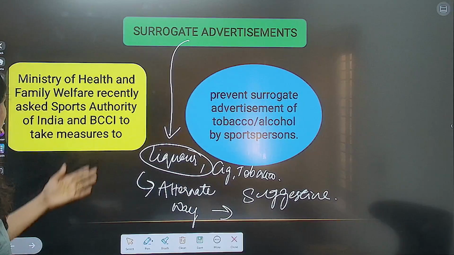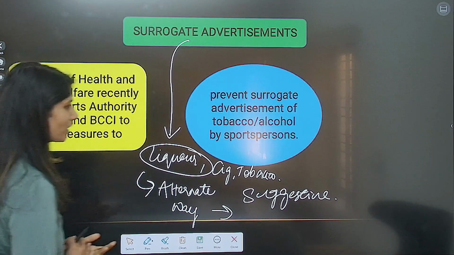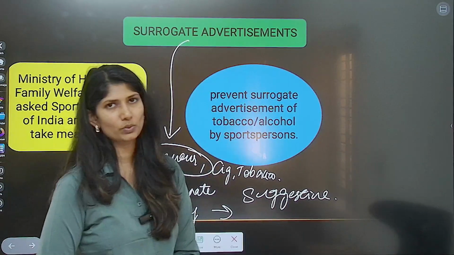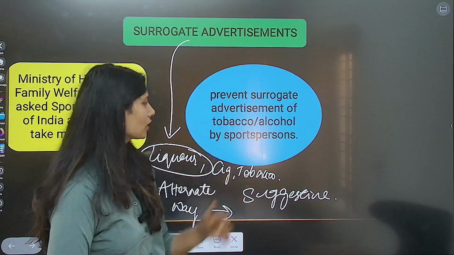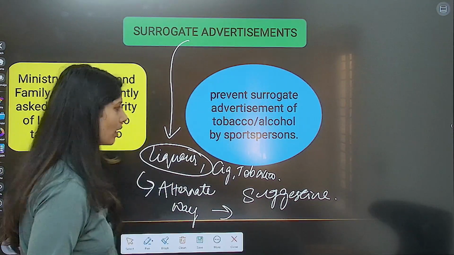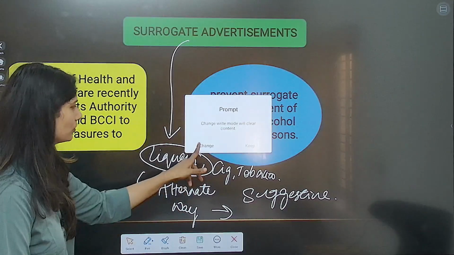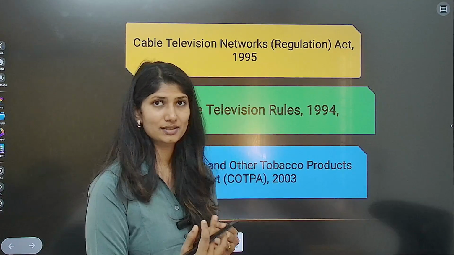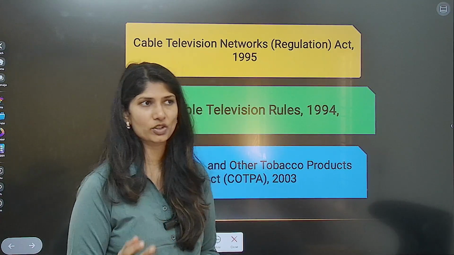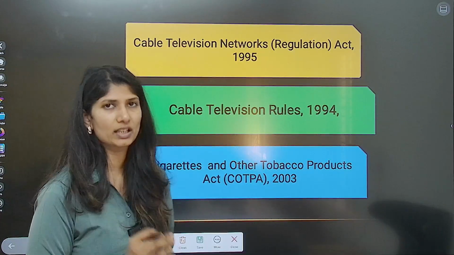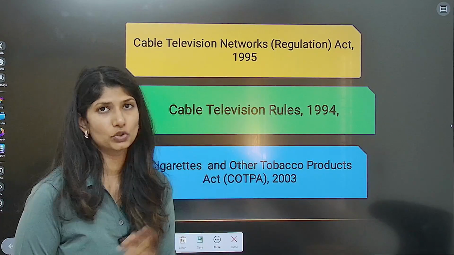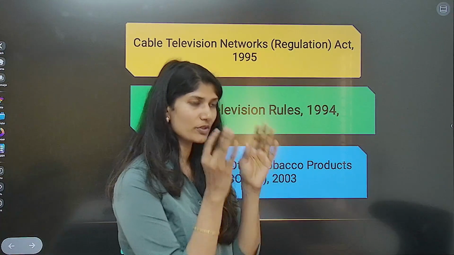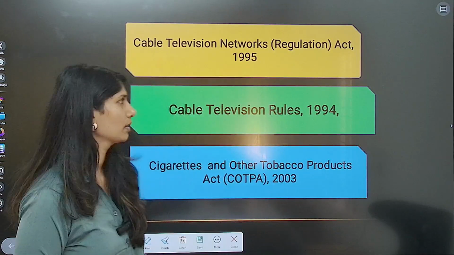Recently, our Ministry of Health and Family Welfare has asked the Sports Authority of India and BCCI to make sure to prevent surrogate advertisements with regard to tobacco and alcohol by sportspersons, wherein most of the time, because of this legality, they still try to do the advertisements using legal loopholes, like we mentioned, promoting juice, and in some places the shape of the bottle itself resembles liquor bottles.